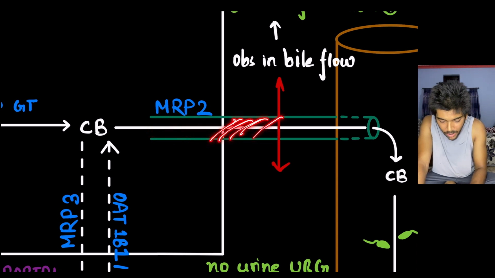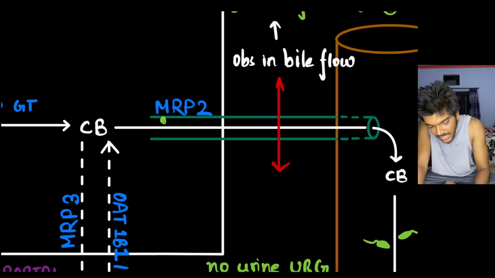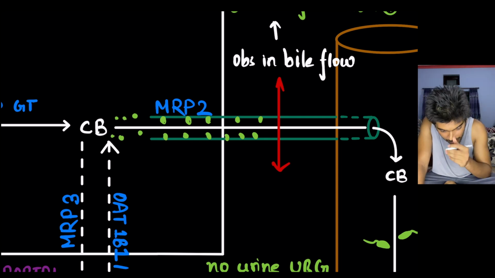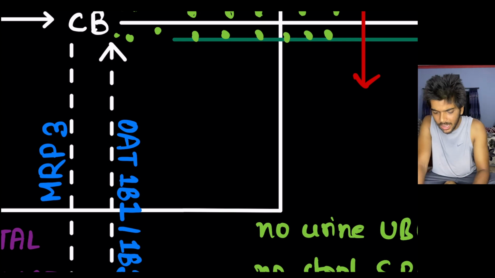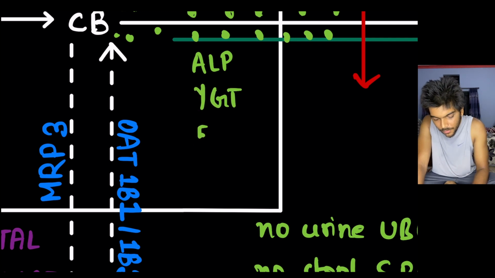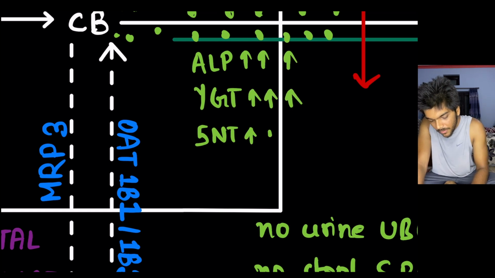So this accumulated bile is going to act on these enzymes present on the wall or within the lumen. They are going to break off the wall, enter the cell and then the blood circulation, resulting in an increase in their level. What are they? They are ALP, alkaline phosphatase, gamma GT, and 5-NT. So there is an increase in their level.